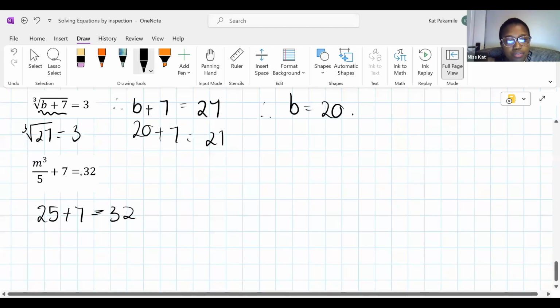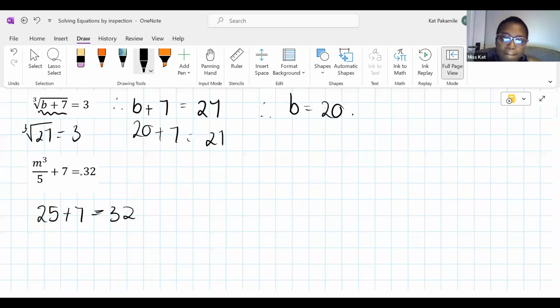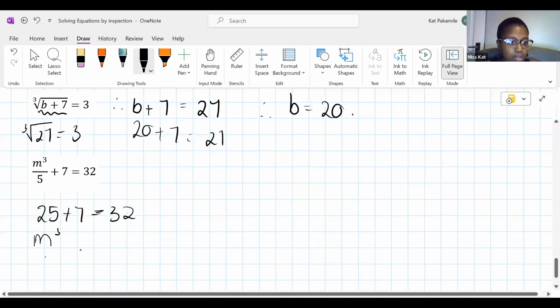Therefore, 25 is equal to what? Thank you. m cubed over 5. Oh, my pen is just not cooperating. There we go. m cubed over 5 equals 25.